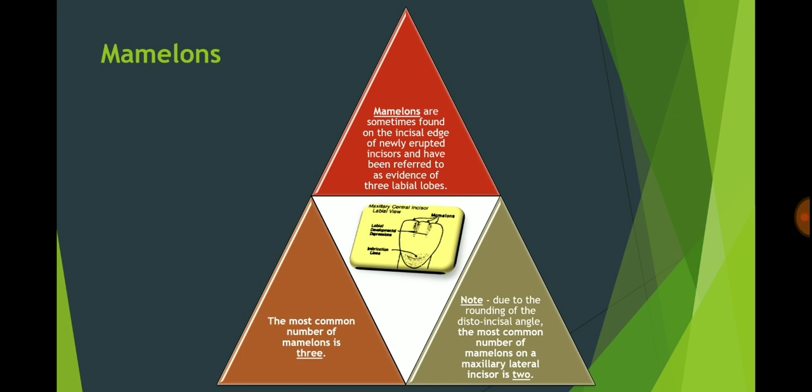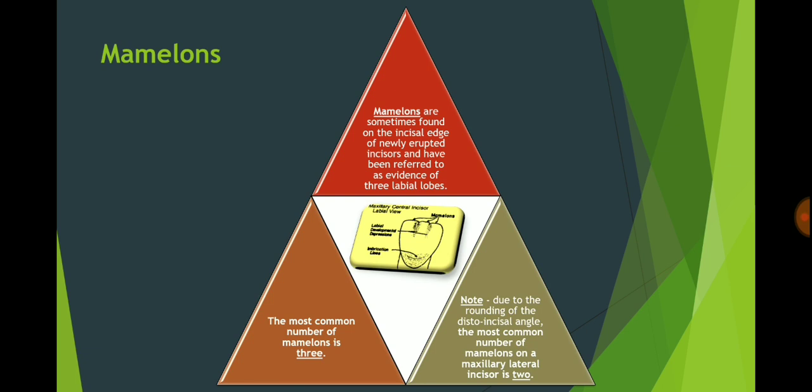Side note is that due to the rounding of the distal incisor angle, the most common number of mamelons on the maxillary lateral incisor is 2. All right. Remember, the distal portion of the maxillary lateral incisor is more rounded when you compare it to the centrals.